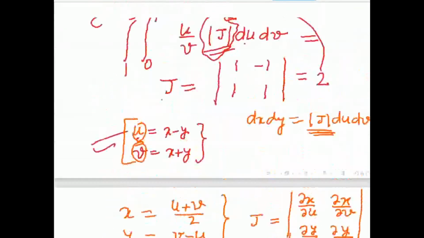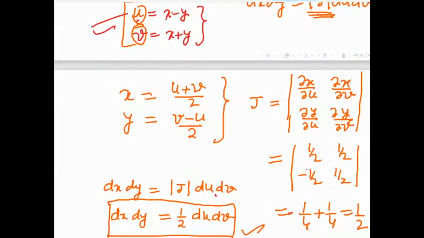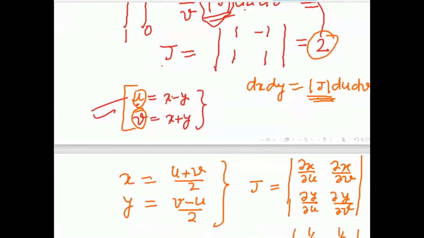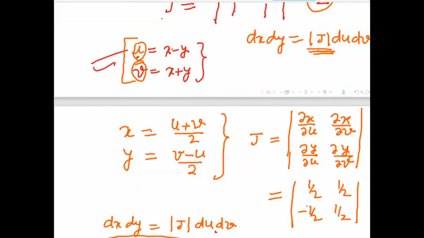But if you want to find the Jacobian of uv with respect to xy, it will come 2. Then if you want this relation, this 2 will become 1 by 2. That means the same thing. So either find the Jacobian of uv and then take the reciprocal, or you find the Jacobian of xy with respect to uv, it will give the same thing.